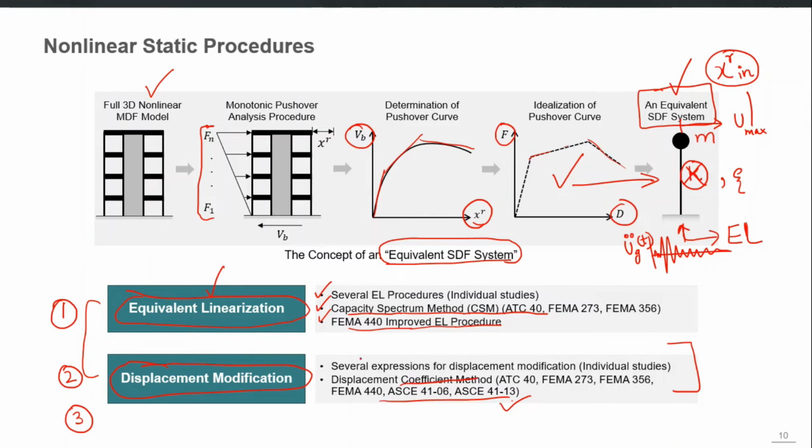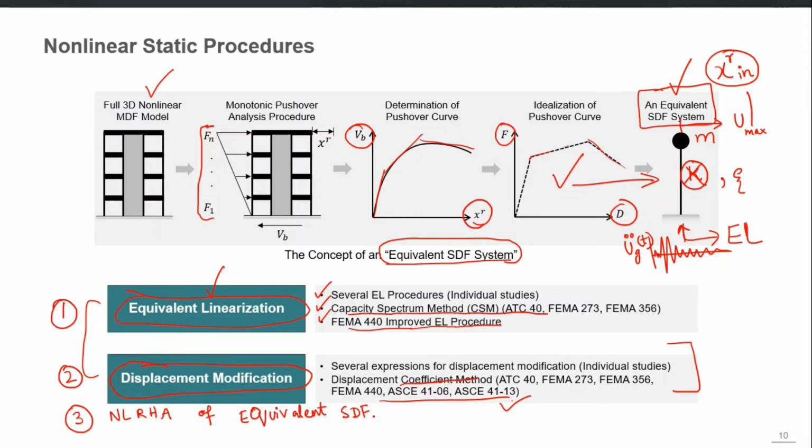And third idea, I can write it here, nonlinear response history analysis of equivalent single degree. That instead of using any of the two simplified approaches, why not we directly apply the dynamic analysis procedure to our equivalent SDF system.